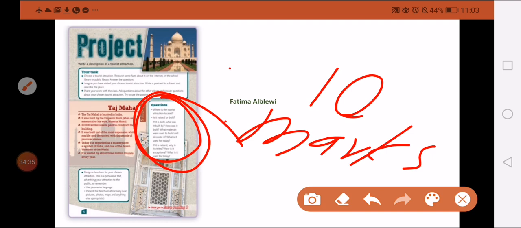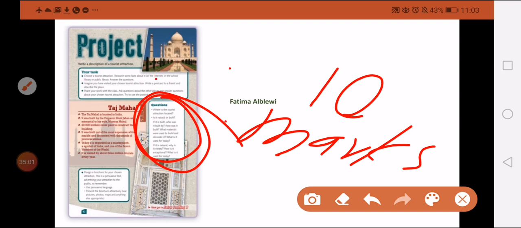What is it used for today? If it is natural, why is it visited? How is it exceptional? What is special or different about it? What is it used for today?